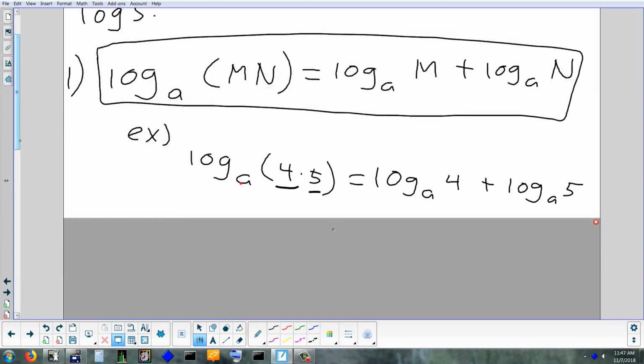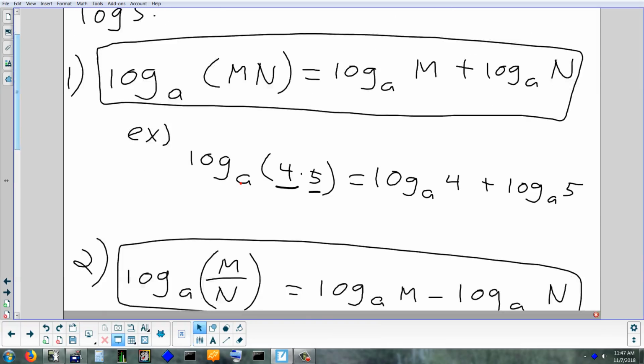All right. We also have the same property for division. But division doesn't split as a sum. What do you think would happen with division? Any guess? If you could hope for anything nice to happen in math, what would you hope for? Yeah. Subtraction.